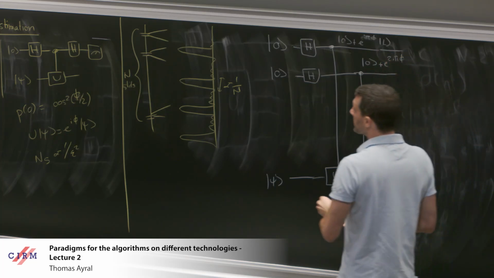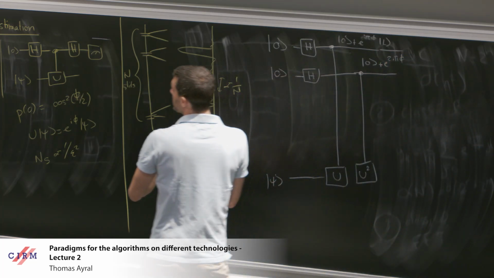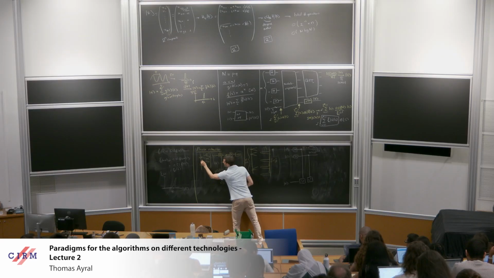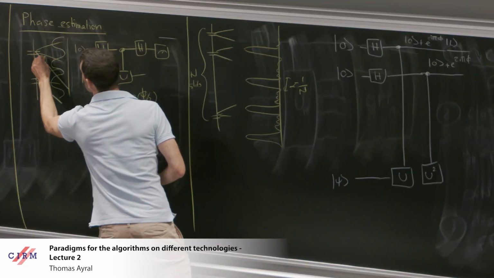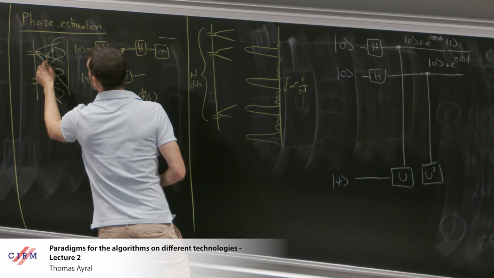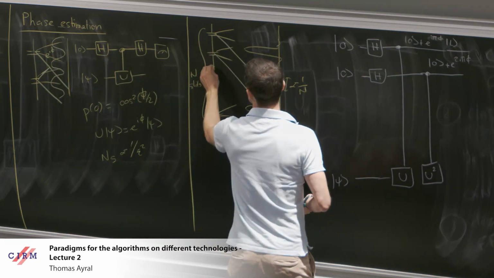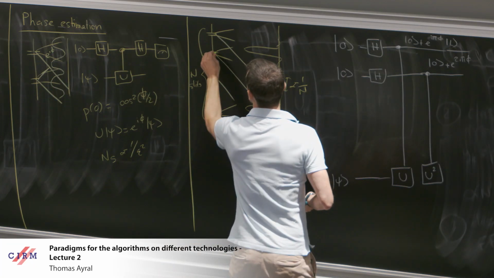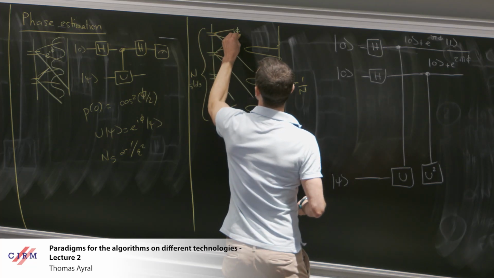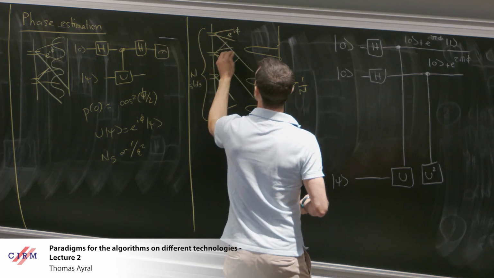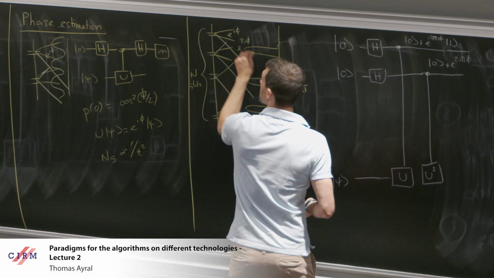And you see where I'm going, right? Because remember that the trick here was to say, here I had a dephasing e^{i phi} between those two, but here the idea is the same. Here I have e^{i phi}, and here I'm going to have e^{2 i phi}, and so on and so forth.